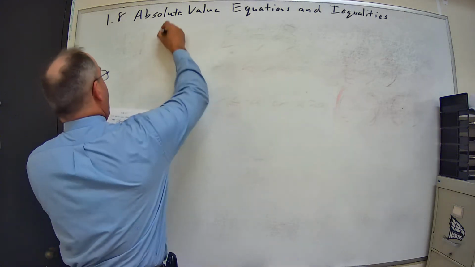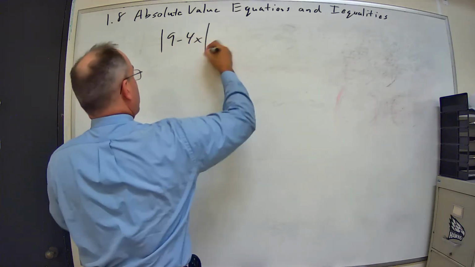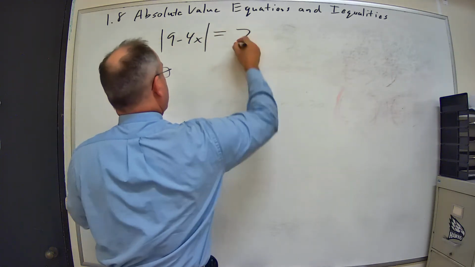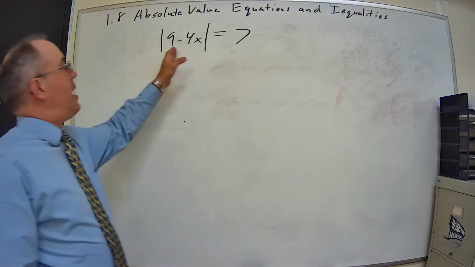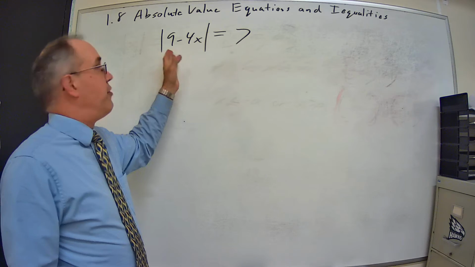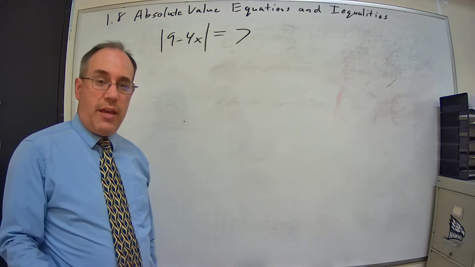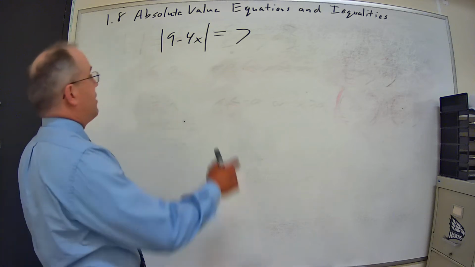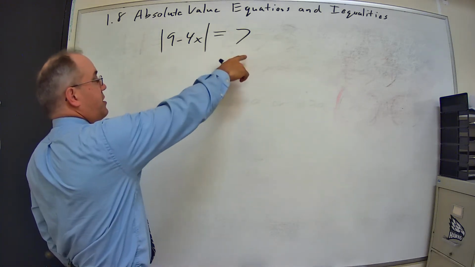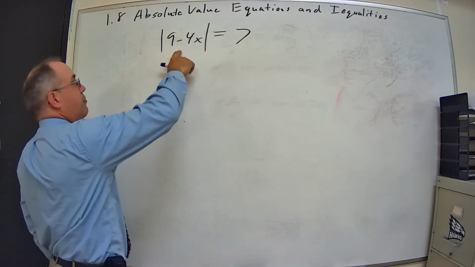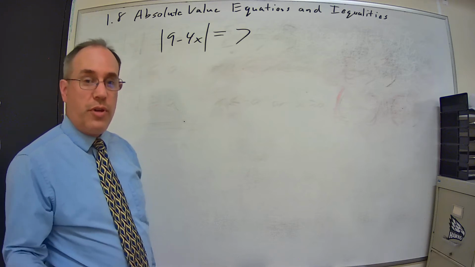So if we have the absolute value of 9 minus 4x is equal to 7, so we're at the equation, then what we're really saying is that this positive or this negative, or basically that 9 minus 4x is either equal to 7 or it's equal to negative 7.